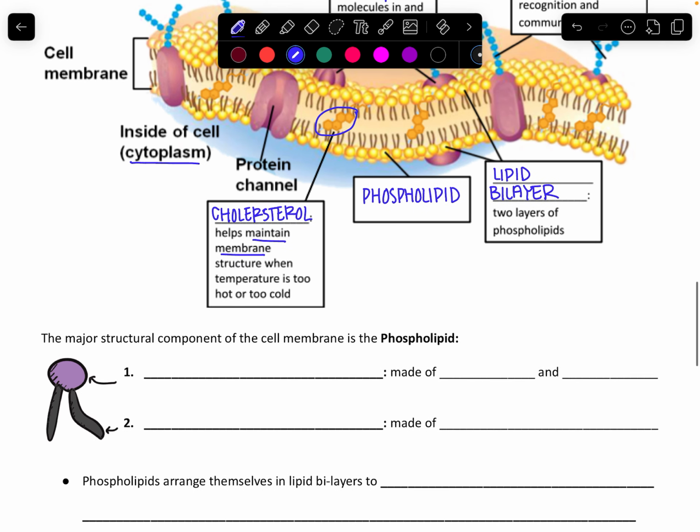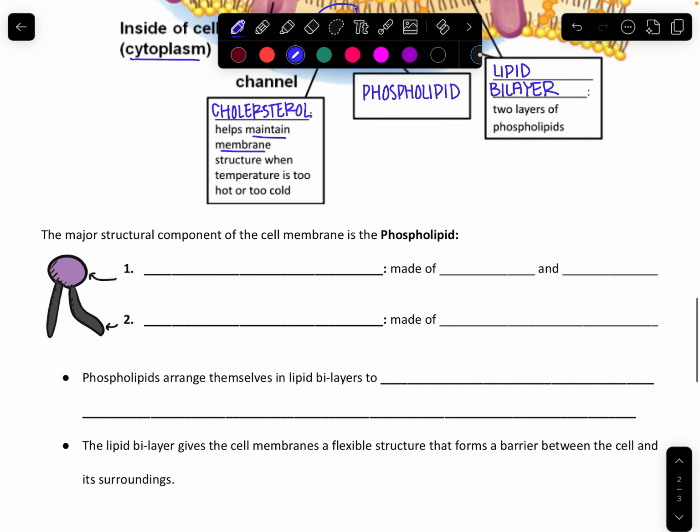So again, I said the major structural component is our phospholipid. Remember, the head of our phospholipid has the phosphate group. So this is going to be the polar or hydrophilic portion. Okay, it's composed of a phosphate functional group, which we know is charged or polar, and it also has a molecule of glycerol.